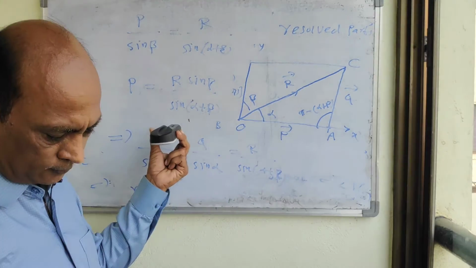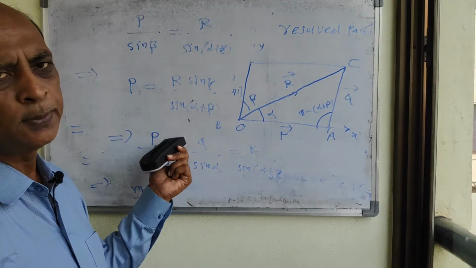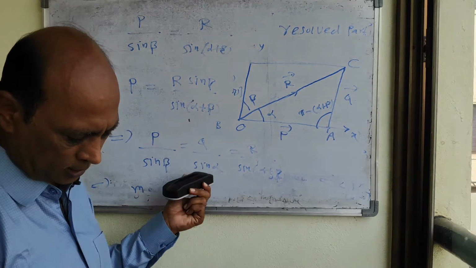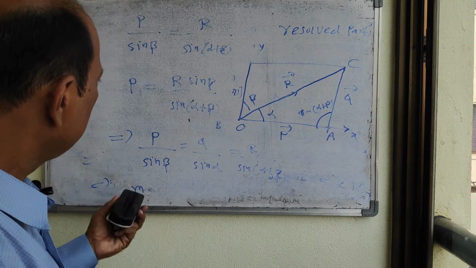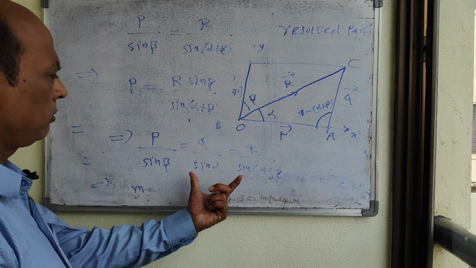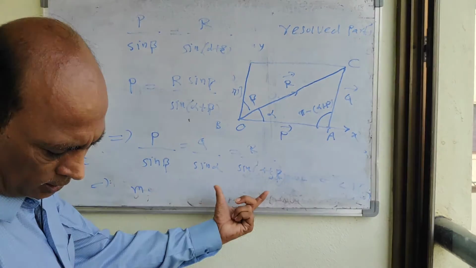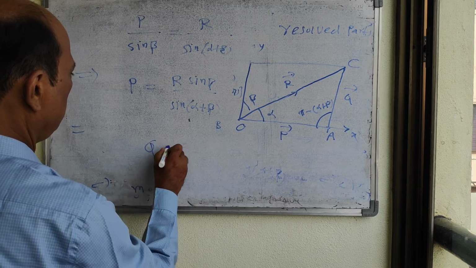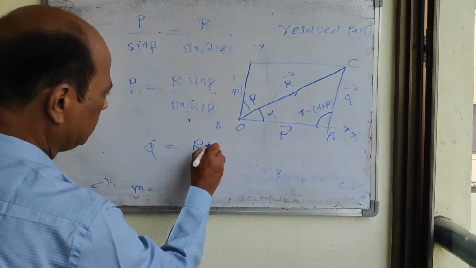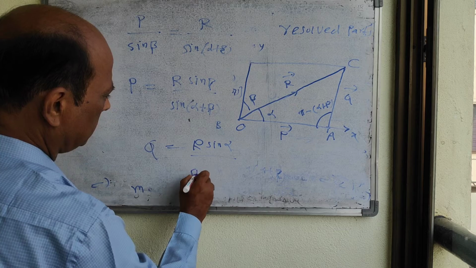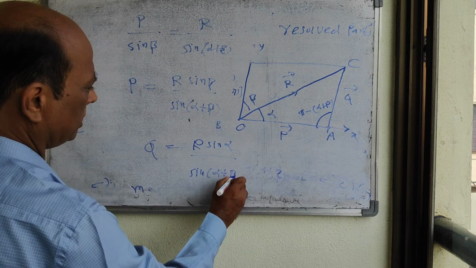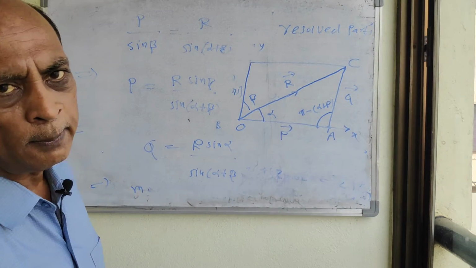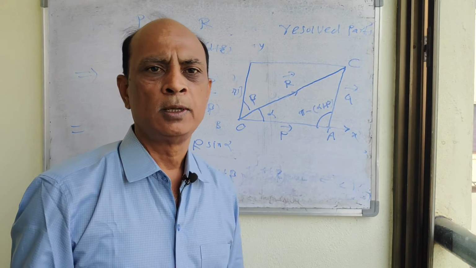So this is the component. P and Q are the components. Similarly, if we equate the second and last terms, then you will get Q is equal to R sine of alpha upon sine of (alpha plus beta). So these are the two components of these forces.